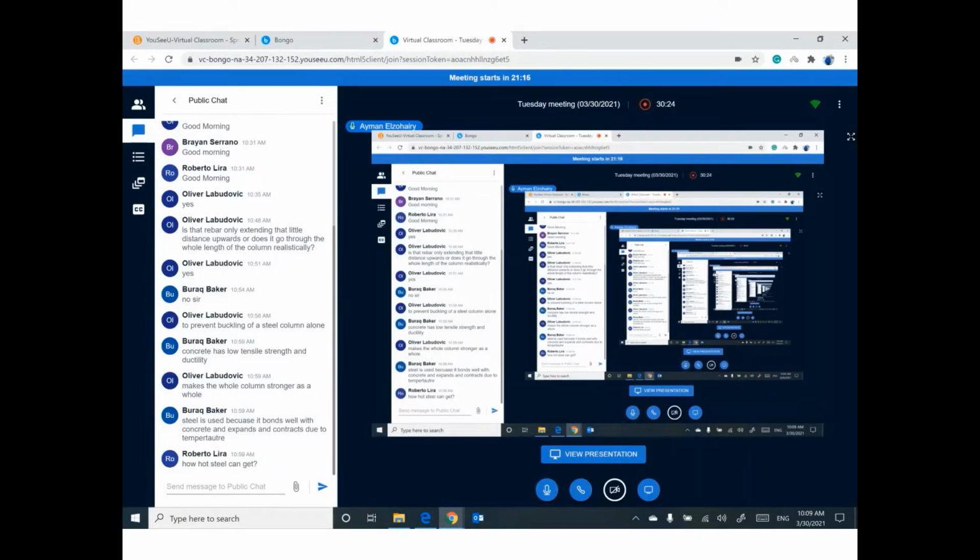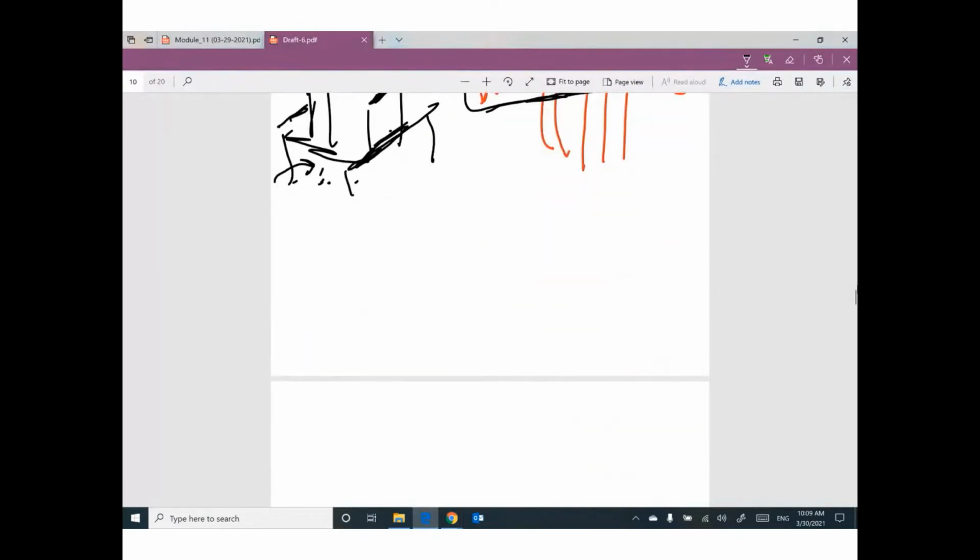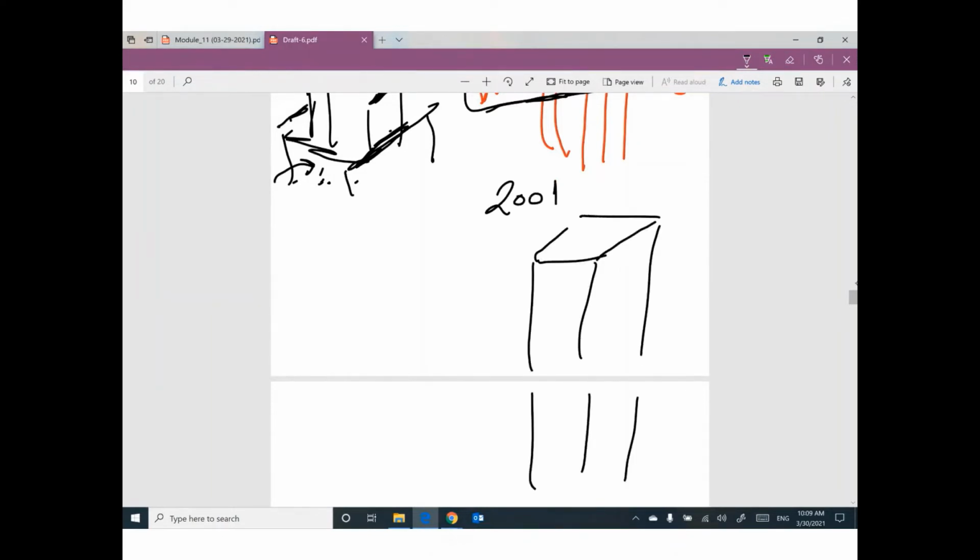So if we have a fire, guys, what happened during the collapse of the commercial towers in New York in 2001? We have huge towers, and the plane hit the tower.